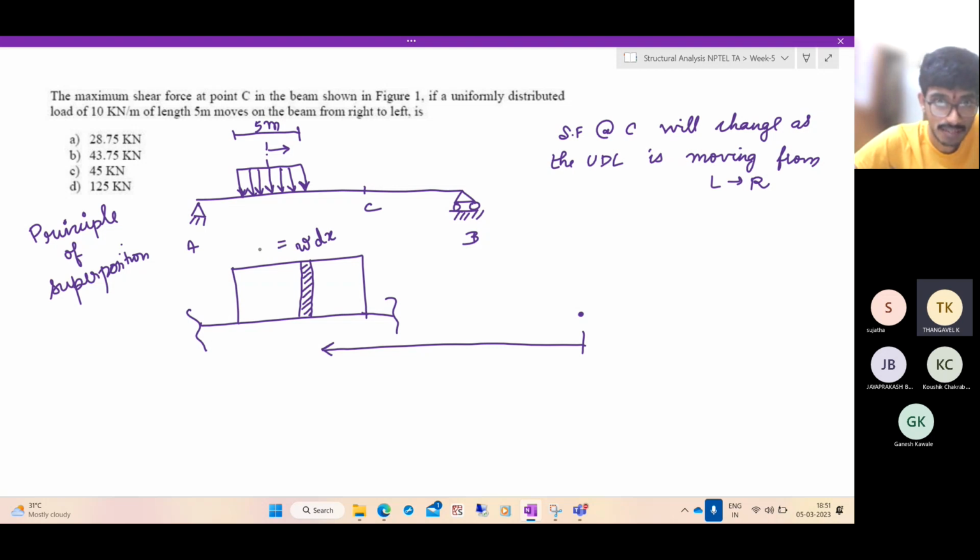Let us call this force dF. Now the shear force at the point C is the summation of all the shear forces due to such dFs.